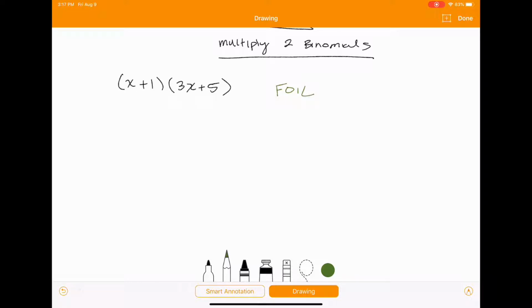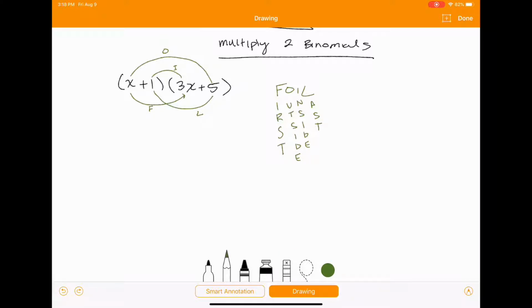So you're going to multiply the first terms together, so first in each binomial, and then the outside terms, and then the inside, and then the last terms. So you've got FOIL right there.